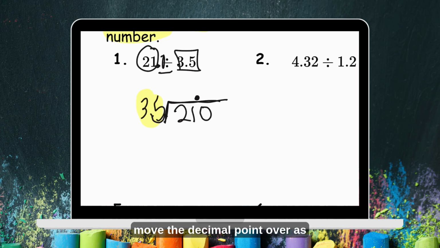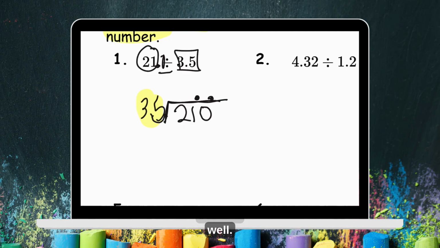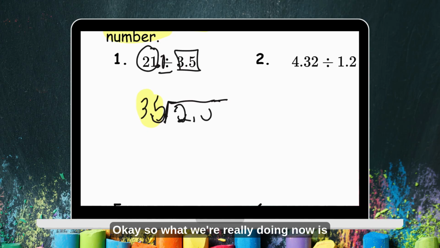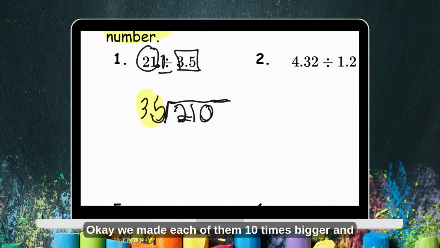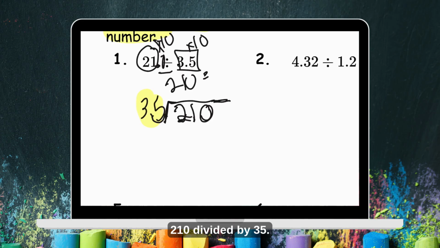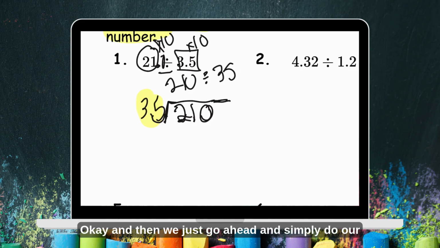So I'm going to move the decimal point over as well. So let me erase that other one. What we're really doing now is 210 divided by 35. We made each of them 10 times bigger, and that's how we got rid of our decimal point. 210 divided by 35.